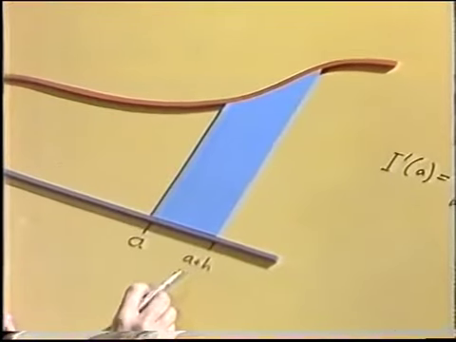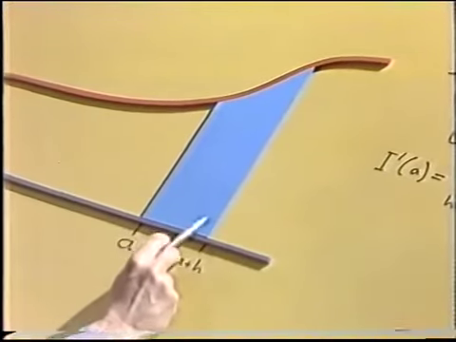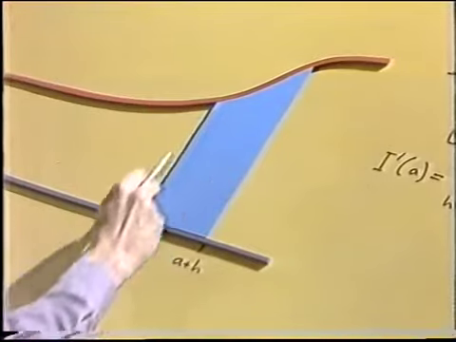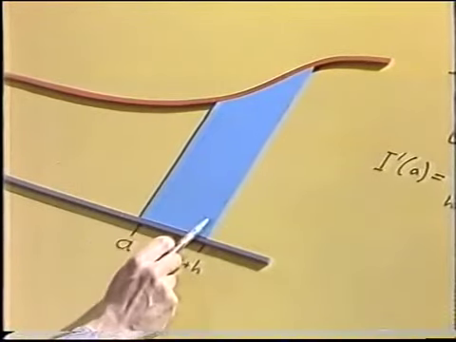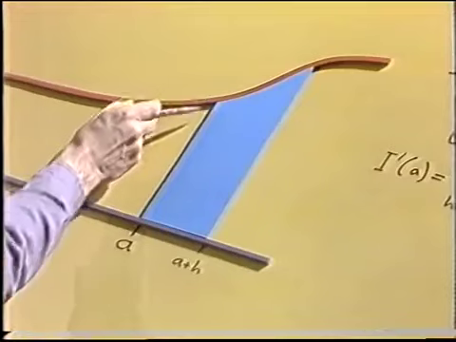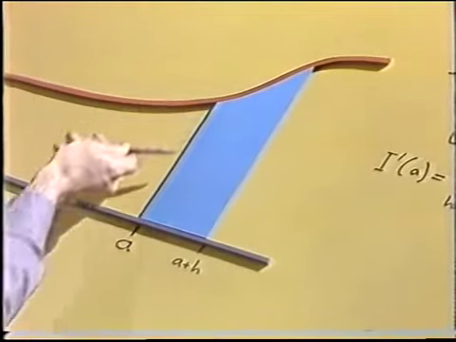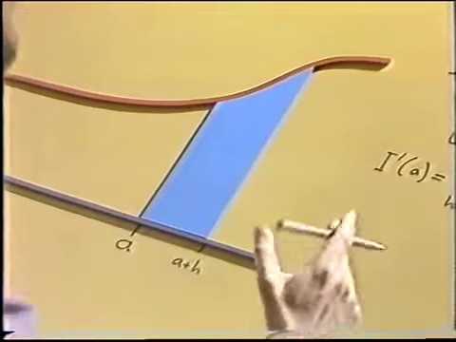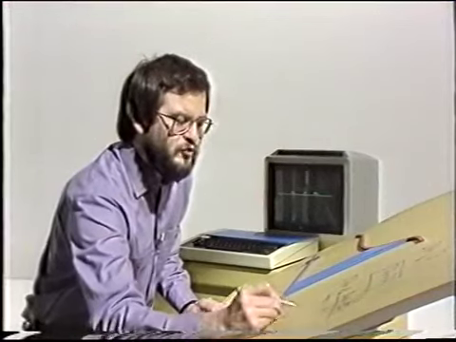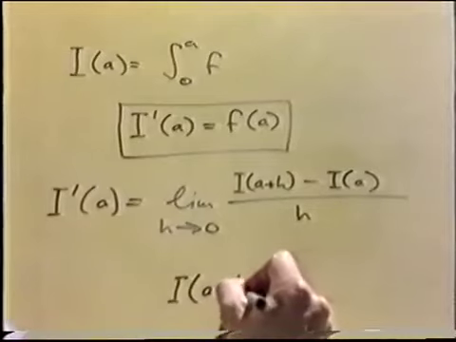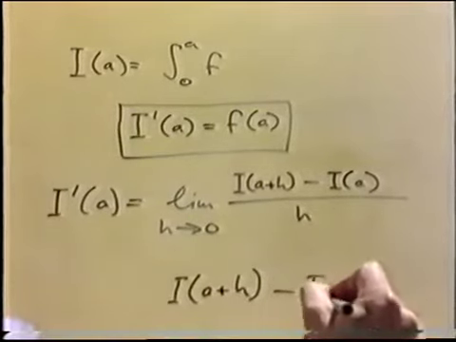So what we want to show is that as this width gets narrower, this integral divided by h converges to f of a. We want to investigate this shaded bit. That's I of a plus h minus I of a.